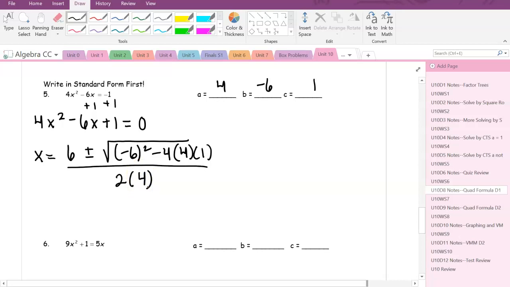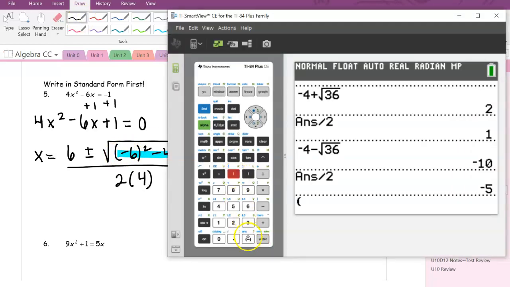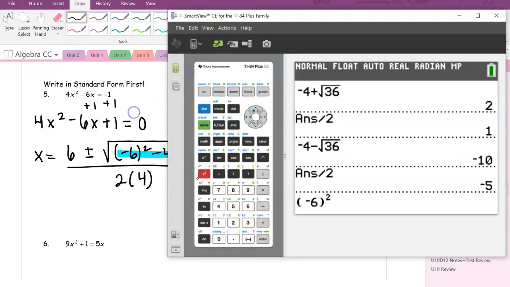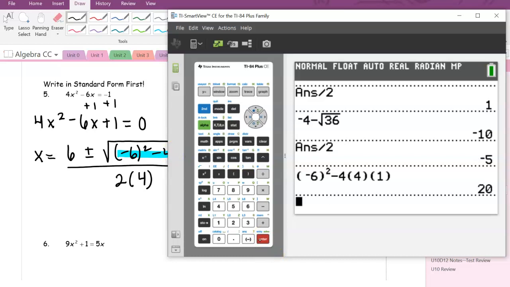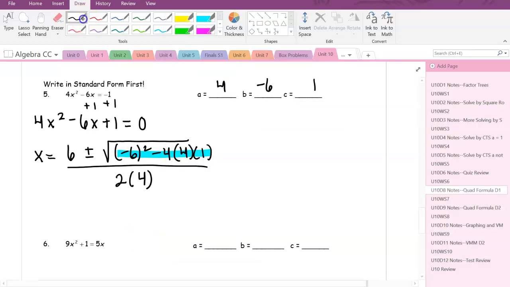All right, so once you plug everything in, again, you want to find your discriminant next. So that's just this part right here. Use your calculator. Make sure you have parentheses around that negative 6 squared. And this gives us a 20. So that is our discriminant, all over 2 times 4 is 8.